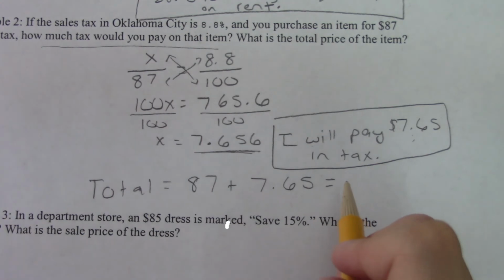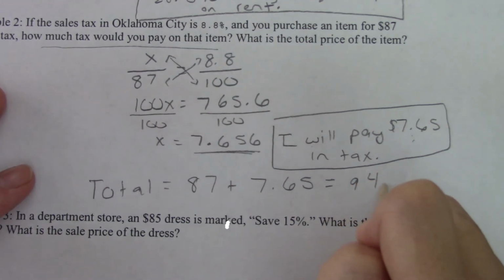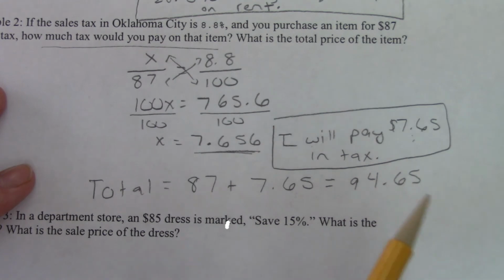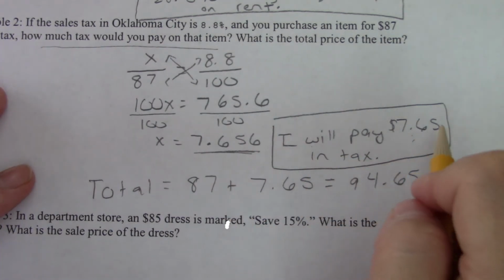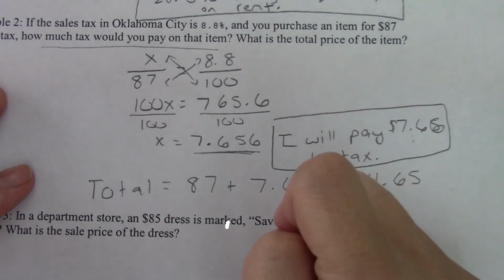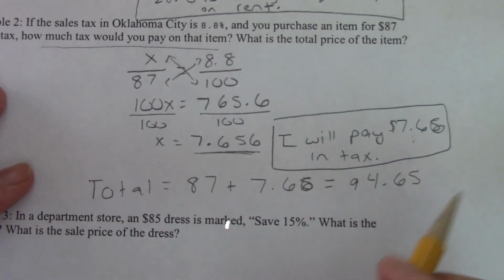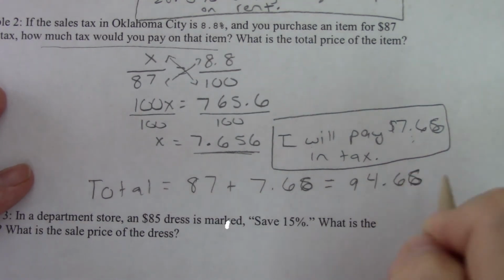When I add those two together, 87 plus 7.65, I get 94.65. And actually, I already made a little mistake right here. I should actually round this up to 66. So I will pay $7.66 in tax. And then this should be 66 as well. And my final price will be $94.66.